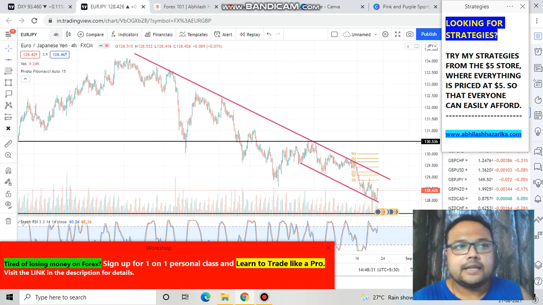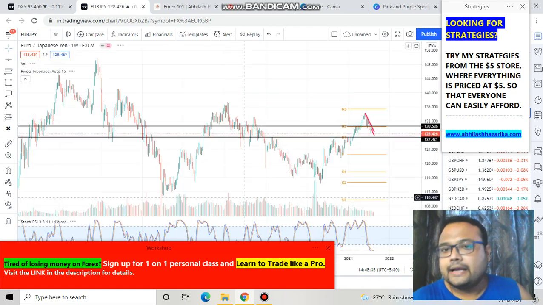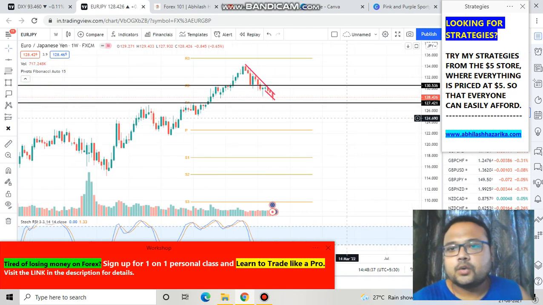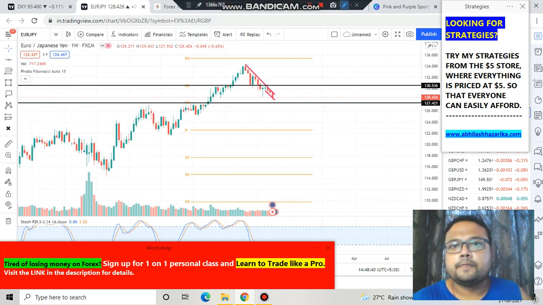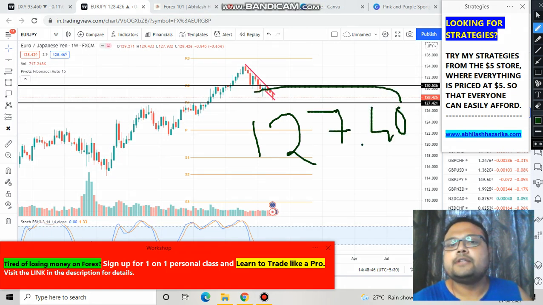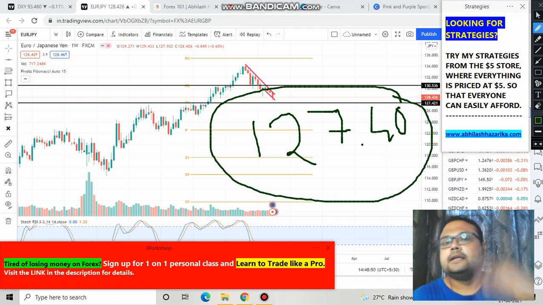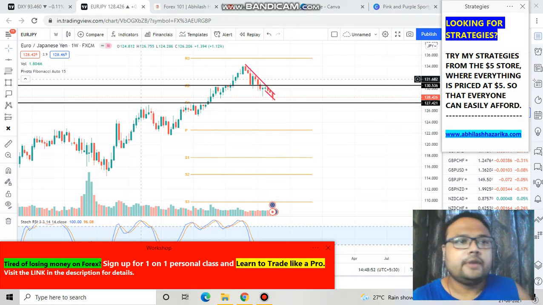And as you can see, I have another black line drawn on the chart, and that black line is a support from the weekly chart, 127.40. This level is also very important for the Euro JPY chart, because again this is a support from the weekly chart.